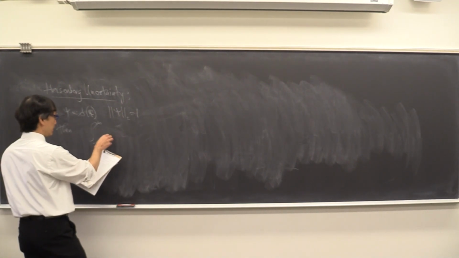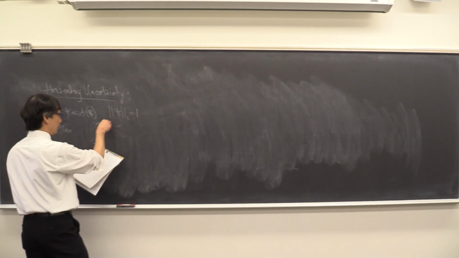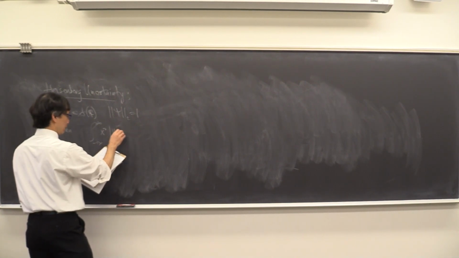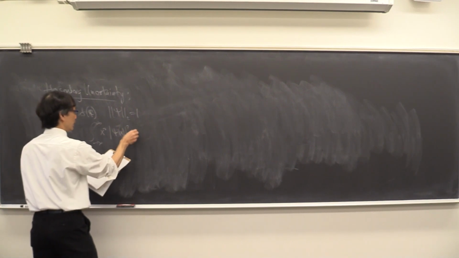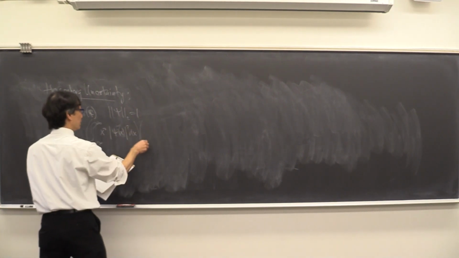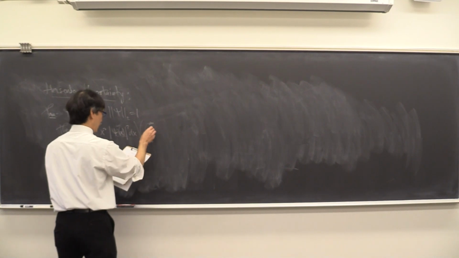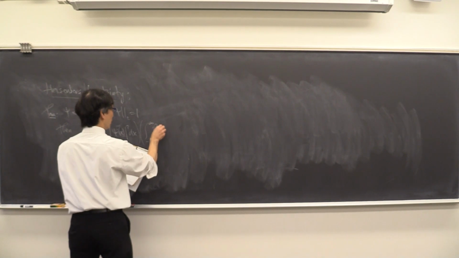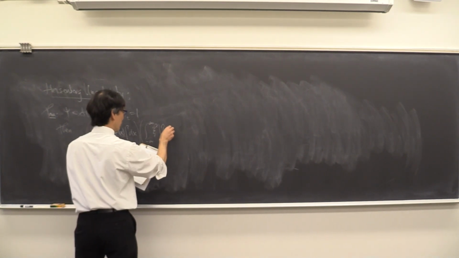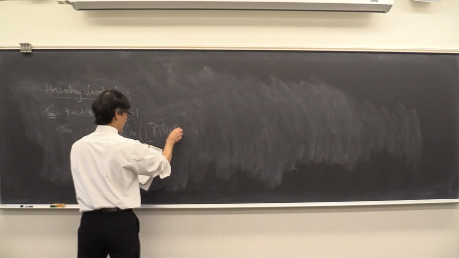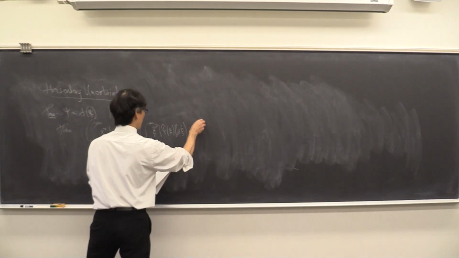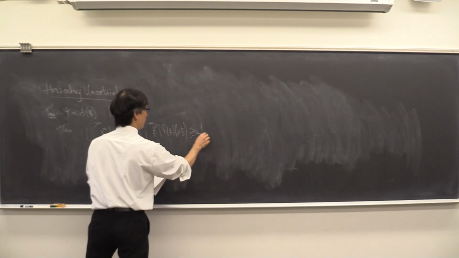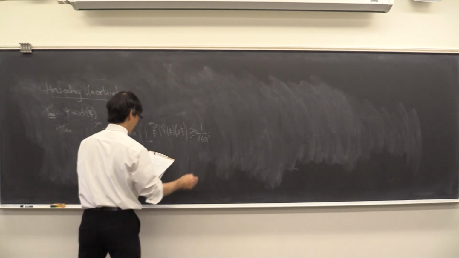They say that if you look at the integral of x squared times psi of x squared dx times the integral of xi squared times the Fourier transform of psi squared dxi, then that's always bigger than some constant, 1 over 16 pi squared.